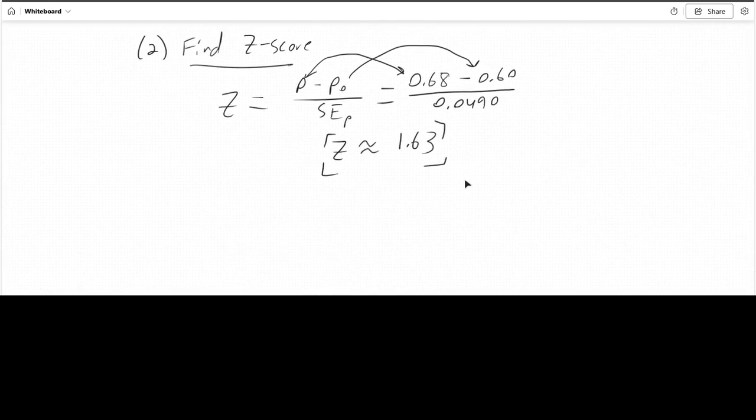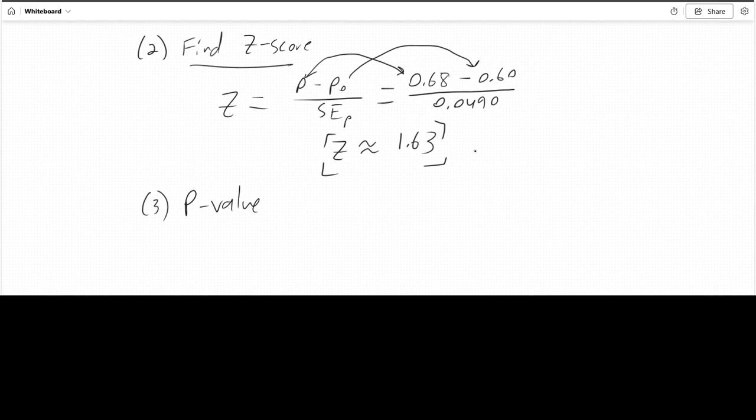Okay, so being a one-tailed t-test, now we want to find our p-value. Which remember is, if we assume that the null hypothesis is true, how likely is it that we saw data this extreme?